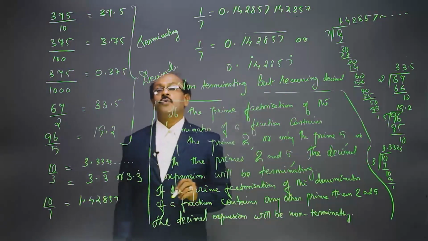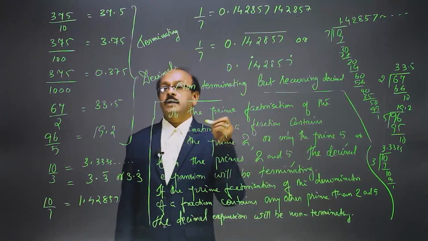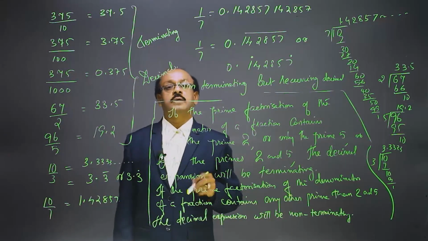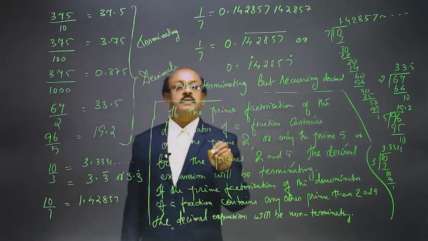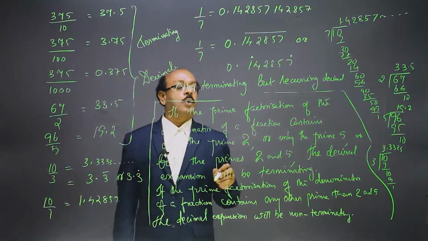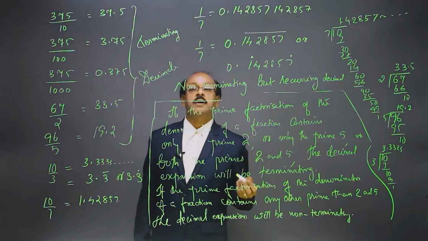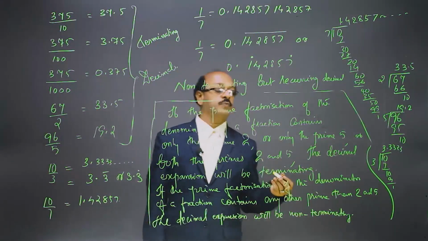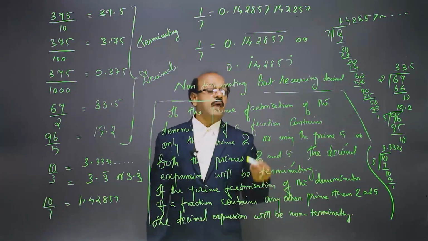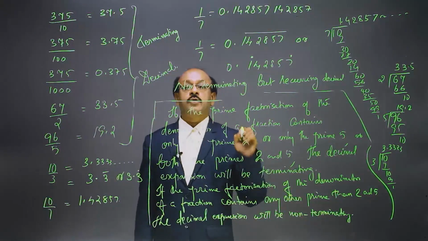This is the rule of finding, for a fraction without actual division, whether it is terminating or non-terminating. If the prime factorization of the denominator contains only 2, or only the prime 5, or both the primes 2 and 5, the decimal expansion will be terminating. If it contains any other prime than 2 and 5, the decimal expansion will be non-terminating.